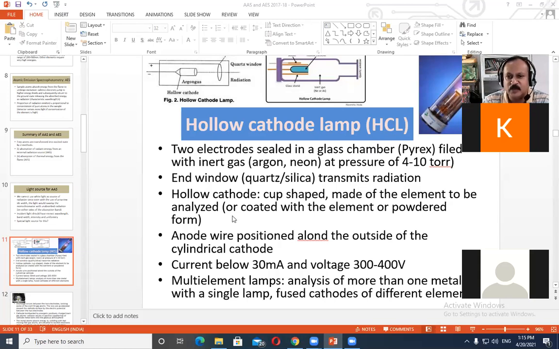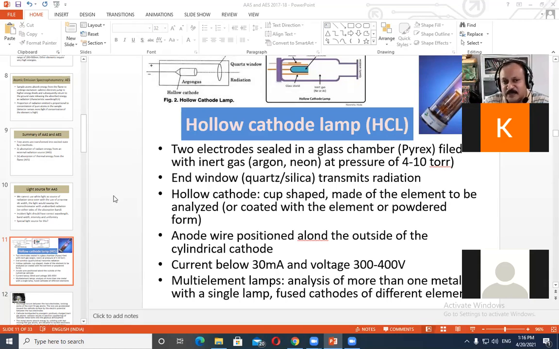Okay, so I was telling you about the hollow cathode lamp, and I think that description is now over. Just remember that the cup-shaped cathode material is made up of the element that we want to detect. This material is excited because of the electric current as well as the collisions from the inert gas atoms.